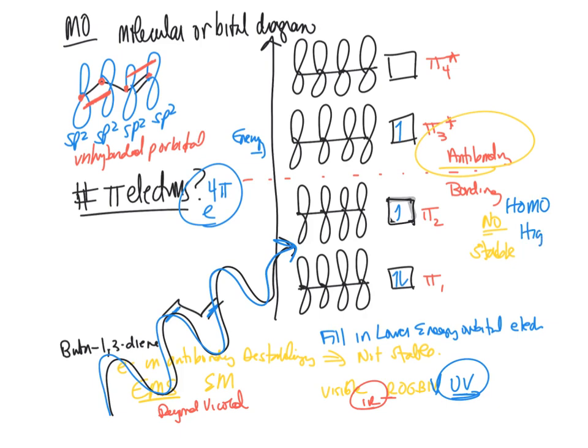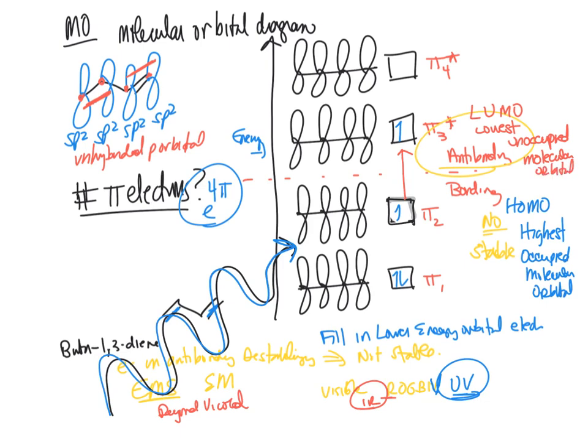That's highest occupied molecular orbital. And it promotes to this orbital, which is called the LUMO. And that's the lowest unoccupied molecular orbital.